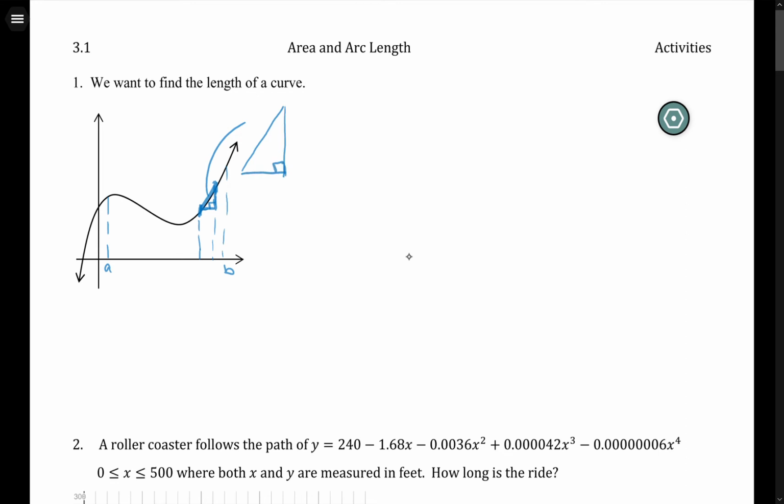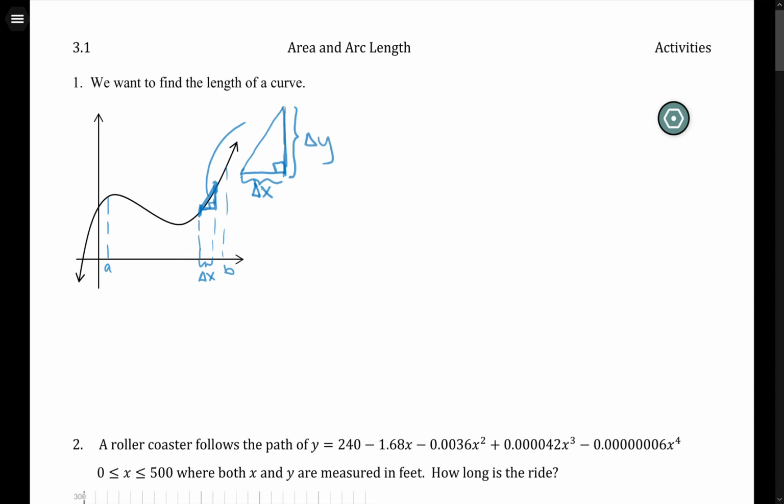I don't think I want to get an angle involved. You could use angles for right triangles, but here I think what I want to get involved is that the base of this triangle is a tiny, tiny slice of x values, right? That's a delta x. And the height of this triangle is a delta y.